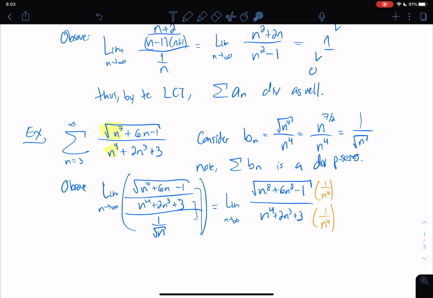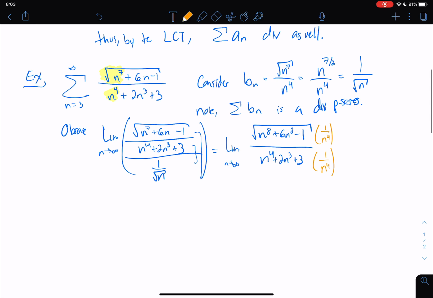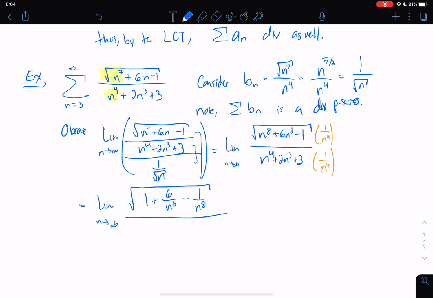Doing that to the top amounts to multiplying the inside of the root by 1 over n to the 8th. So this will become, change our color back, the limit as n goes to infinity of the square root of 1 plus 6 over n to the 6th minus 1 over n to the 8th, all over 1 plus 2 over n plus 3 over n to the 4th.